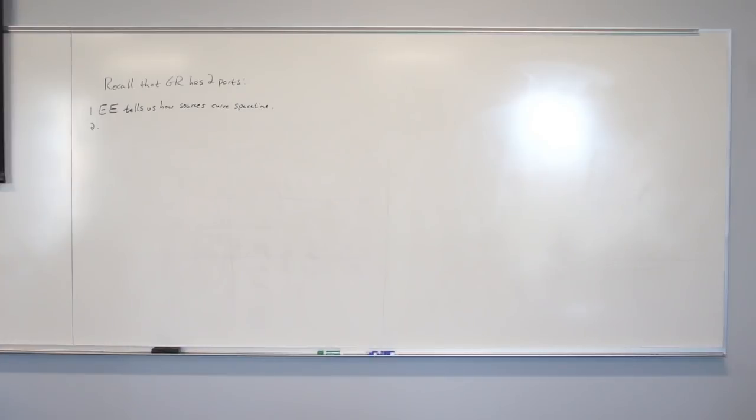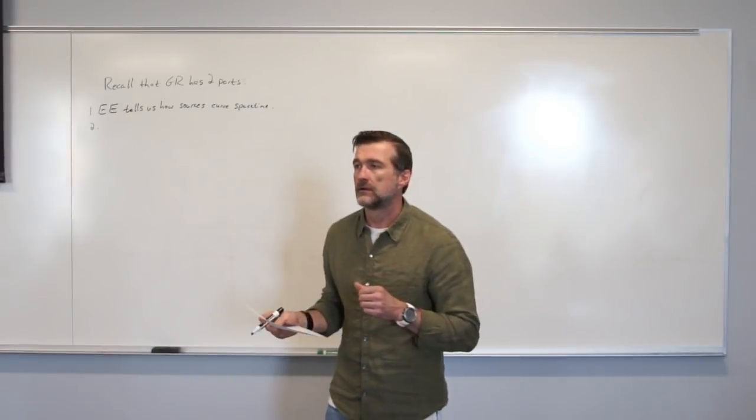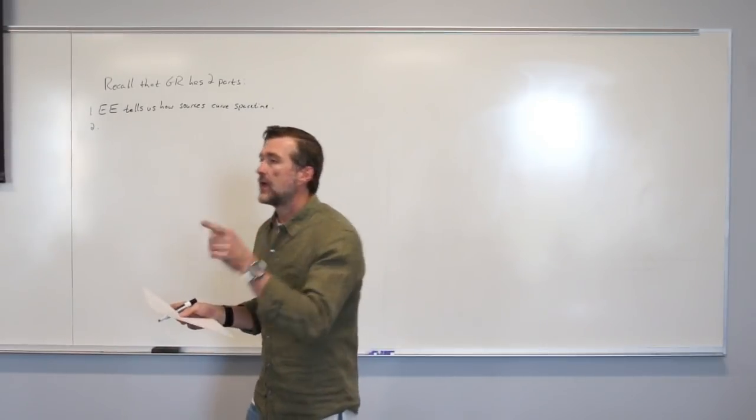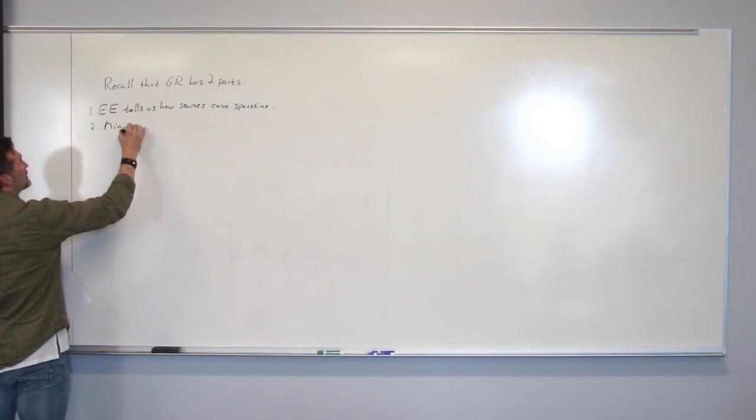And does anybody want to tell me the second half of GR? Say it again? Geodesic. So the geodesic equation is part of it, but we actually extended it a little bit to the minimal coupling.